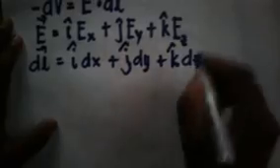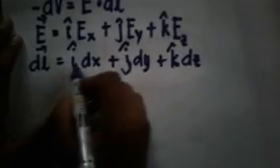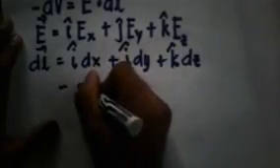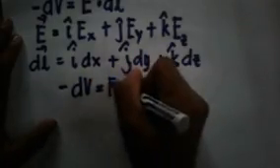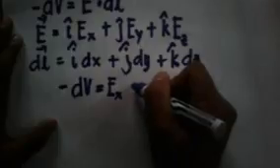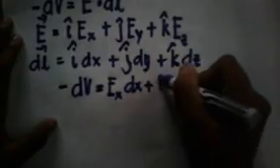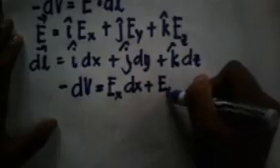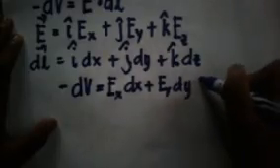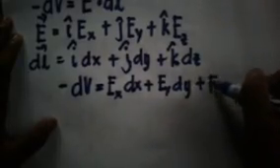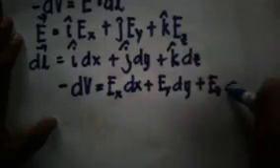Then we have negative dV equal to E sub x dx plus E sub y dy plus E sub z dz.